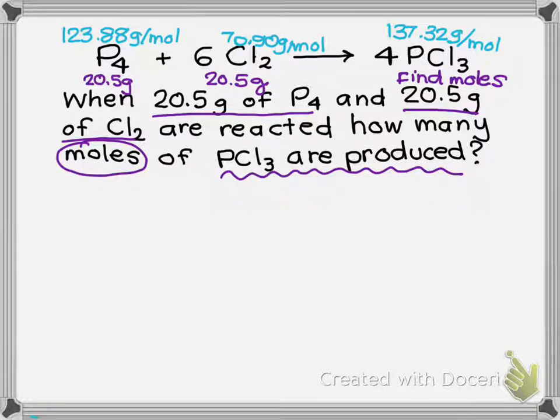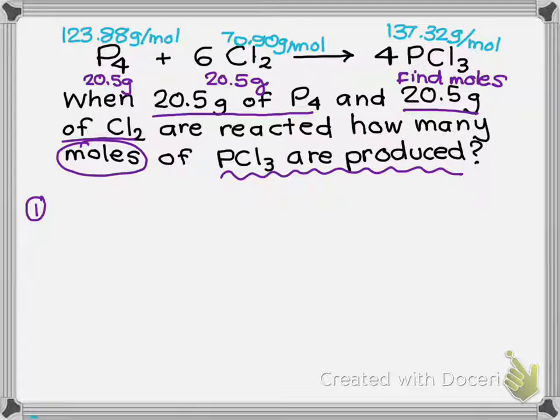Now I've included the molar masses on all of these different things because if we need them, it's there, and at this point that's not the main focus of what we're trying to do. So remember, I'm going to set up two equations with both reactants and decide how much of the PCl3 in moles is produced. Now, given grams, to go to moles, this is two steps.